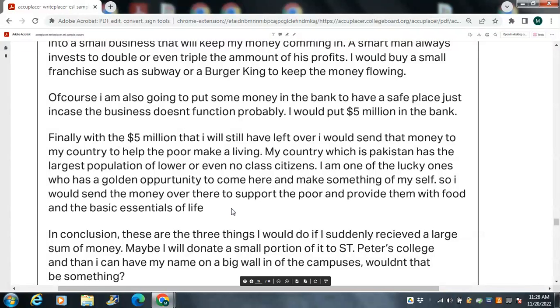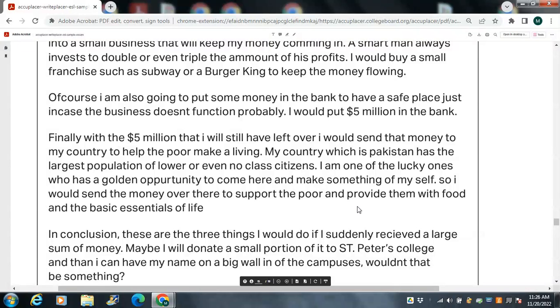In the next sentence they said, so I would send the money over there to support the poor and provide them with food and the basic essentials of life. They just forgot the period there. Obviously the I should be capitalized. They could have made this a pretty amazing compound complex sentence, this whole thing, if they had placed a comma after myself.